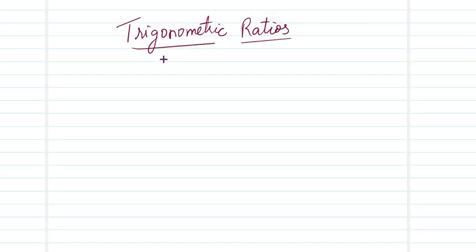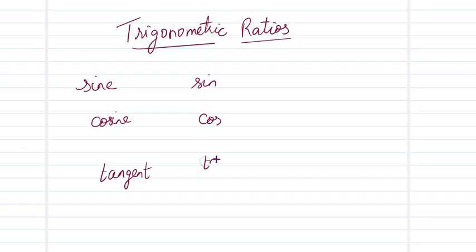What are trigonometric ratios? We have 6 trigonometric ratios. Let us first carefully go through the 3 most basic ratios: sine, cosine and tangent, shortly called sin, cos or tan. These 3 are functions.